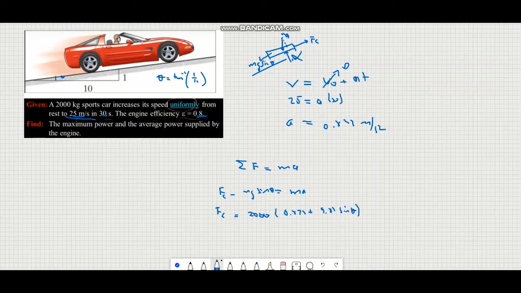Theta is around like 5 degrees, and the force acting on the car by the engine is 3619 when you apply this, 3619 Newton.